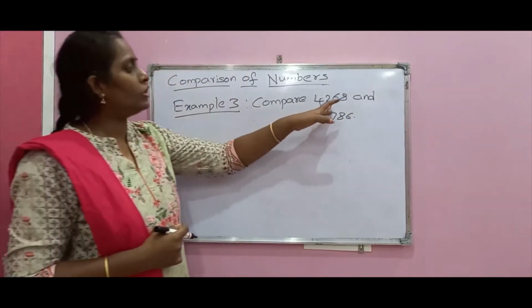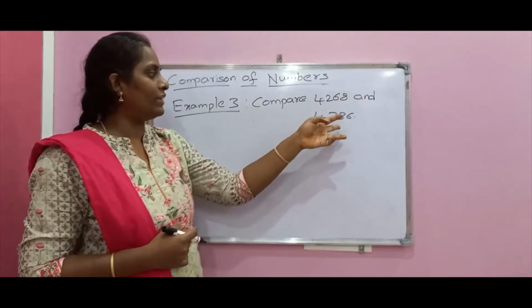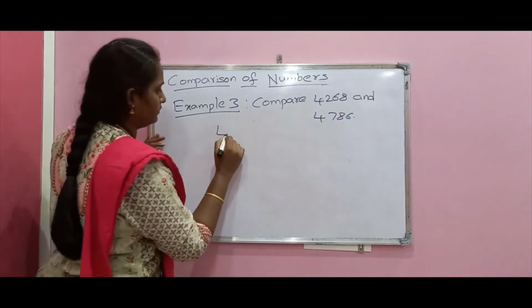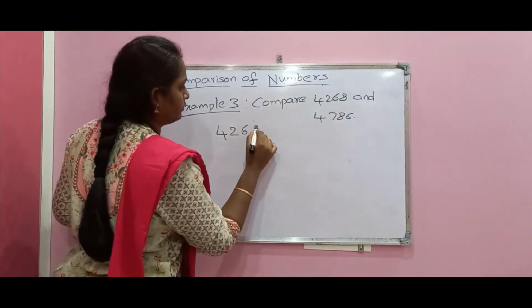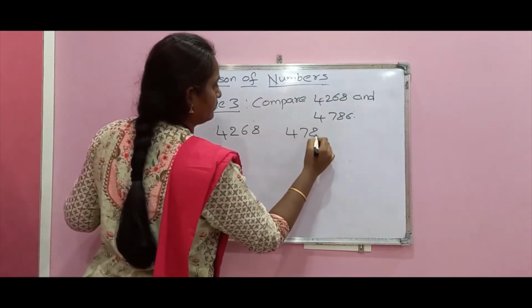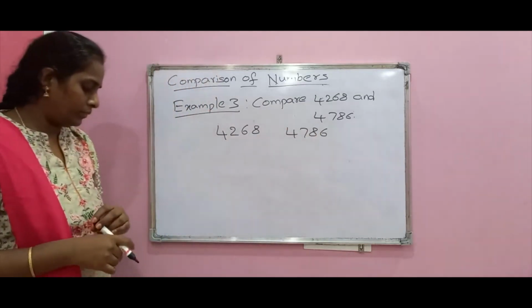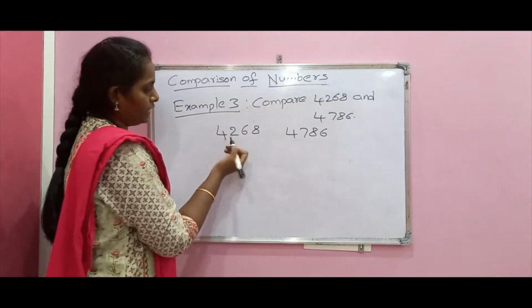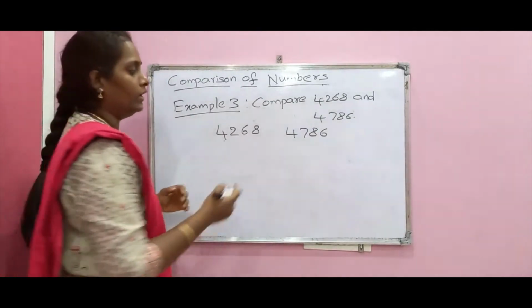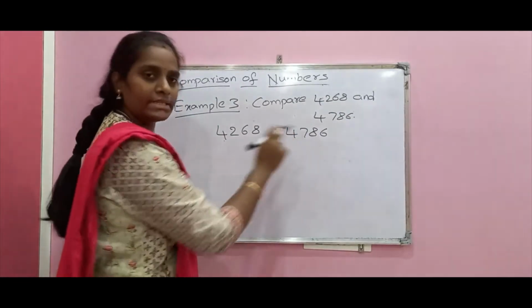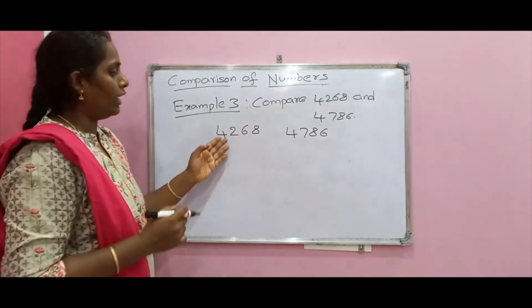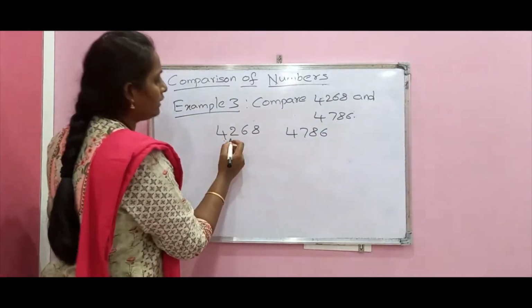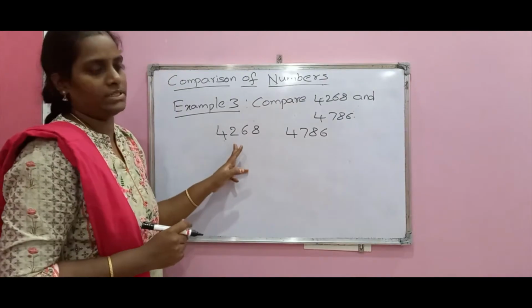Compare 4268 and 4786. Here, which is the biggest number? In the thousands place, 4 is there in the first number. In the thousands place, 4 is there in the second number. So, we'll go and check the next digit. In the hundreds place, 2 is there in the first number.